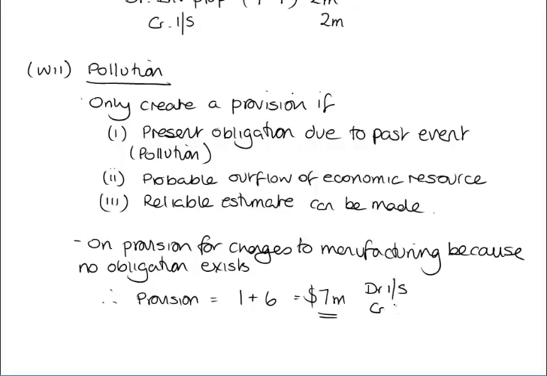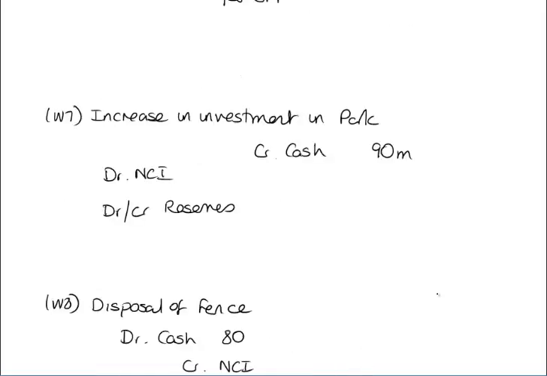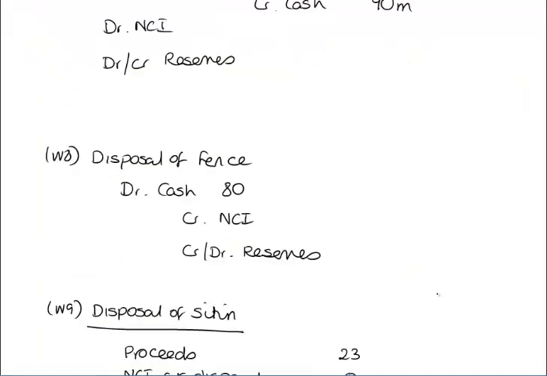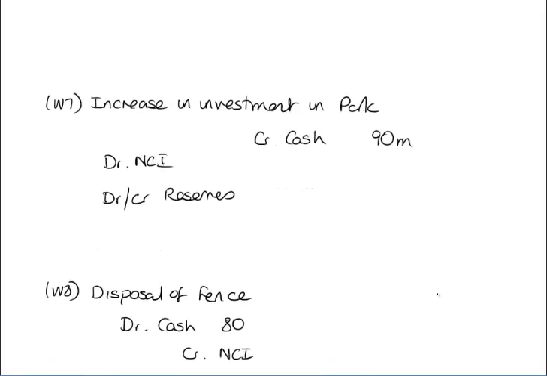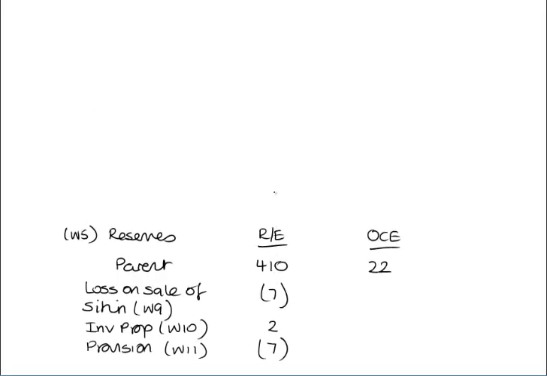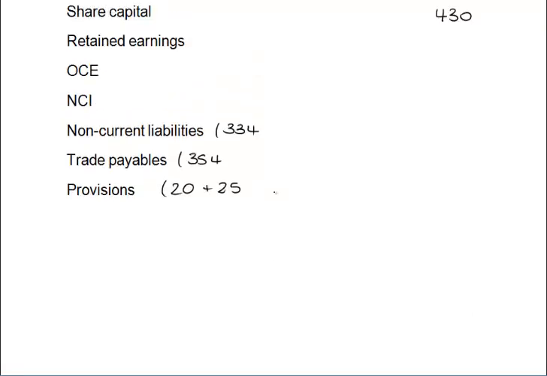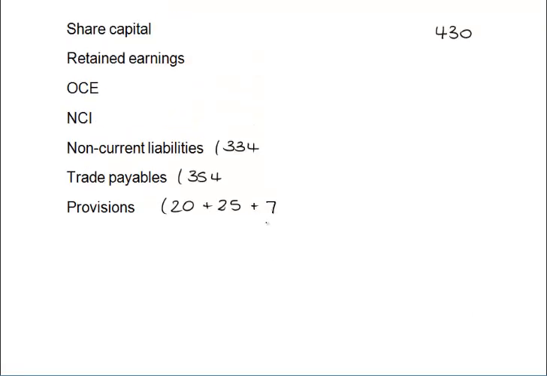Debit income statement, credit provision. Income statement flows through into group reserves. So provision, working number 11. I'm going to reduce retained earnings by 7 million and I'm going to increase provisions by 7 million from working number 11.